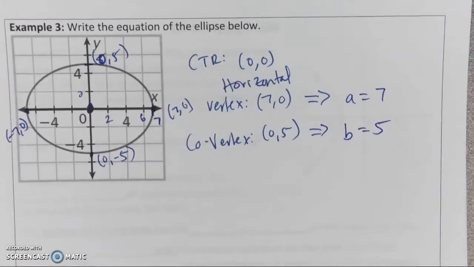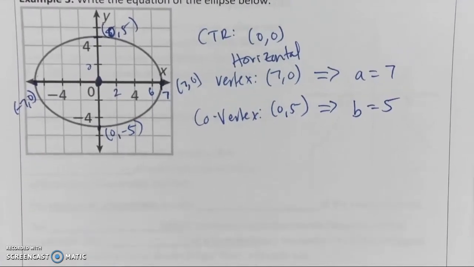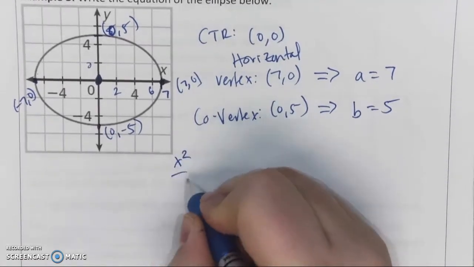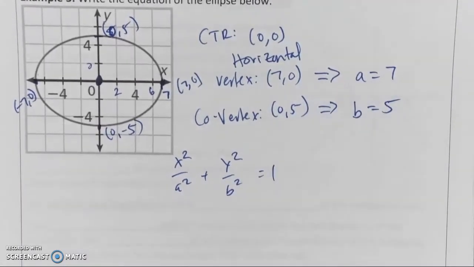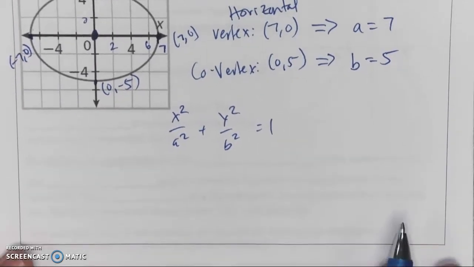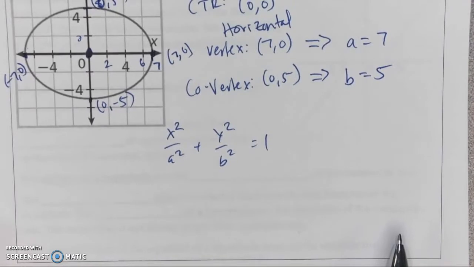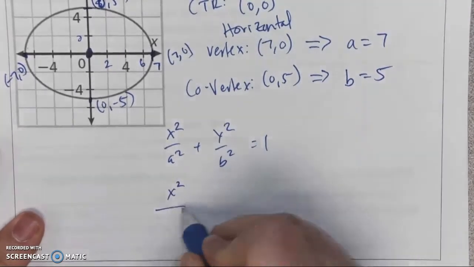So this problem actually ends up being quite simple in the sense that now we just need to identify the form of the horizontal equation, and that's going to be x squared over a squared plus y squared over b squared equals 1. So that's the equation of a horizontal ellipse. And I know a and b, so I'm all set to go. I don't need to use that fancy c squared equals a squared minus b squared formula. I just have to plug in my values of a and b here.